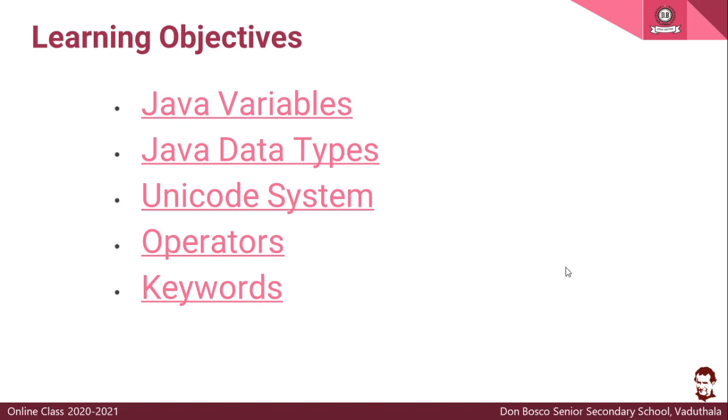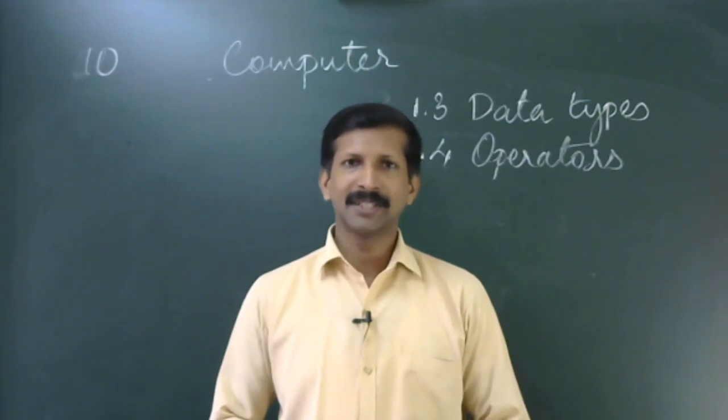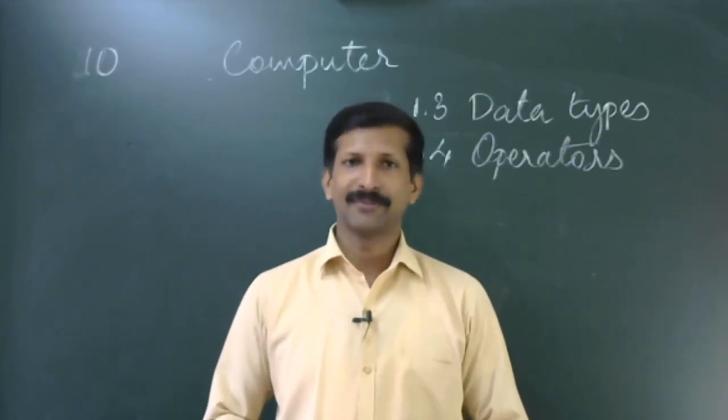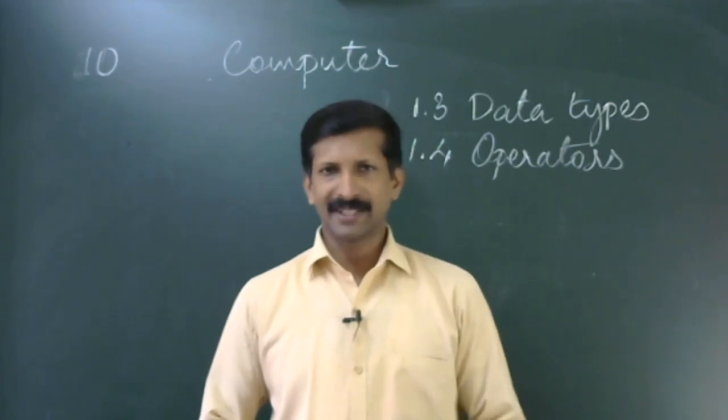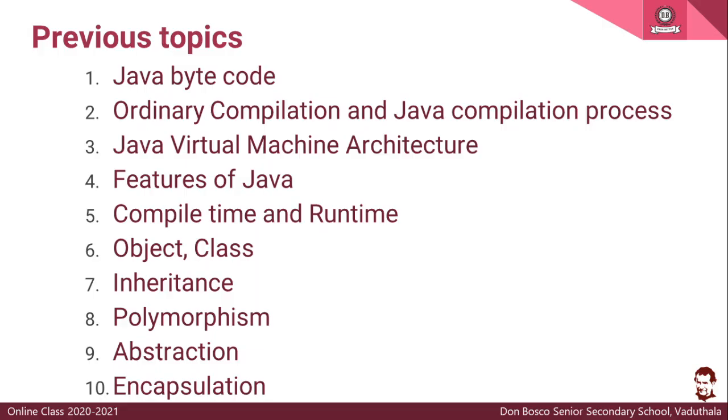In a previous class, from the 9th standard, we revised chapters 1.3 and 1.4. Remember these points from that class: Java bytecode, ordinary compilation, the Java virtual machine, that is JVM, the features of Java, compile time and run time.